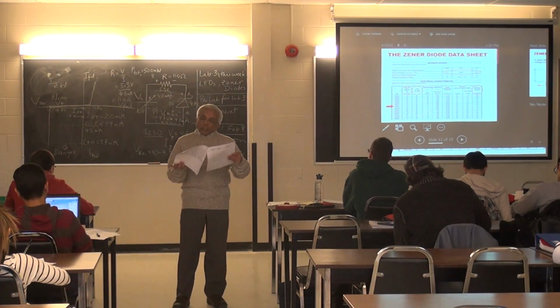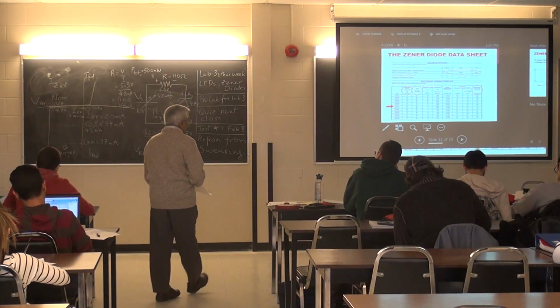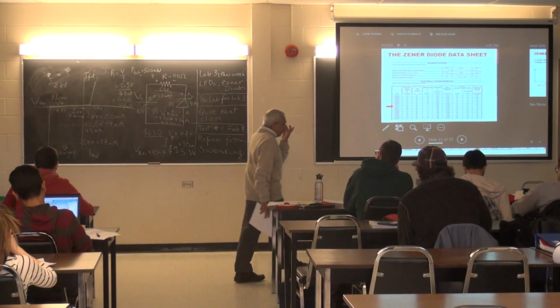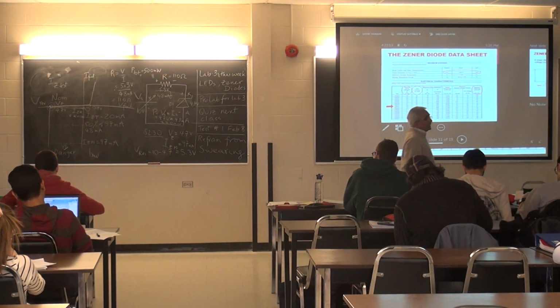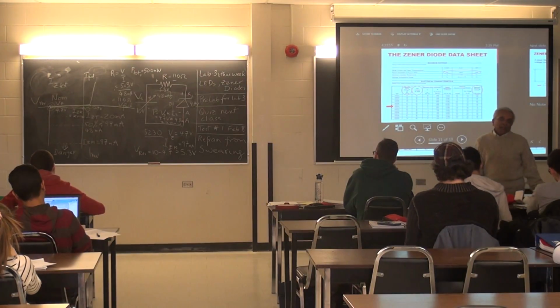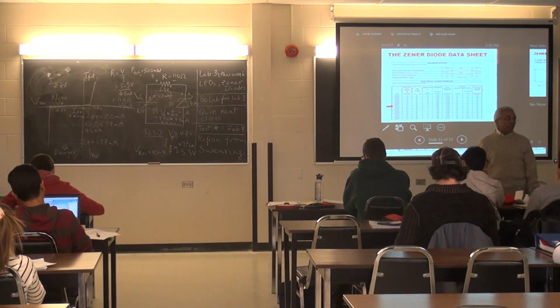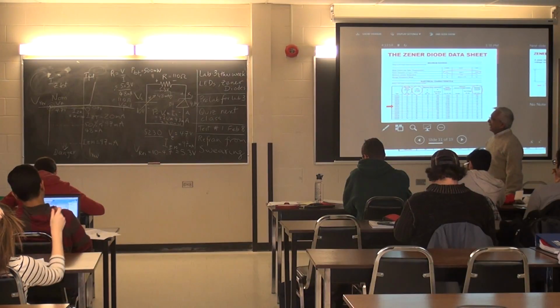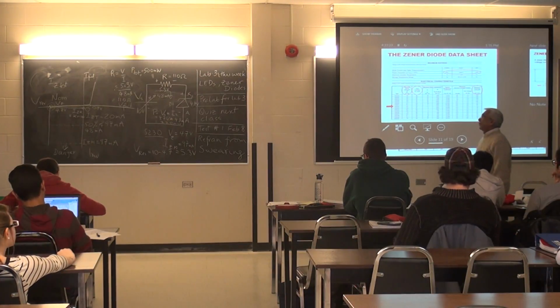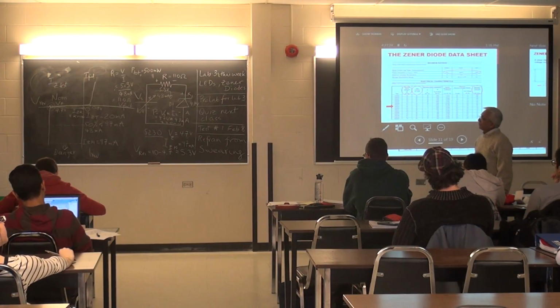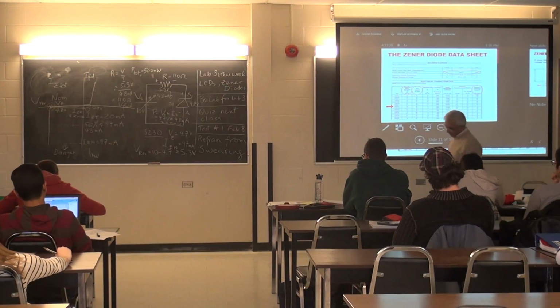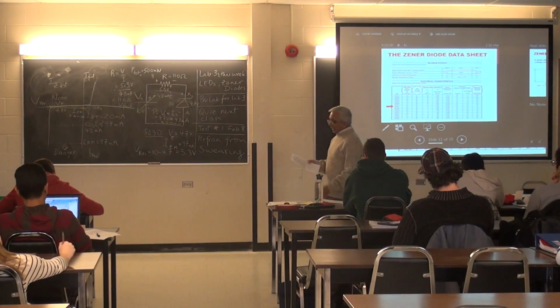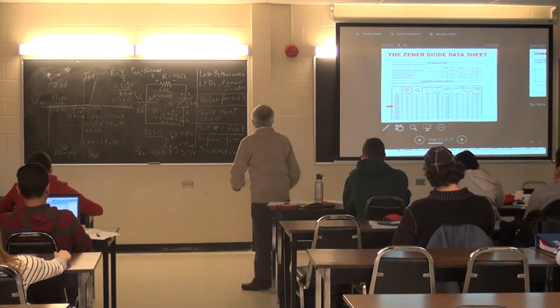I have 220 milliwatts of heat produced at the zener. Is the zener safe? Yes, because it can handle 500 milliwatts. And I've only got 220 milliwatts produced at the zener. Okay? So that's another important characteristic.